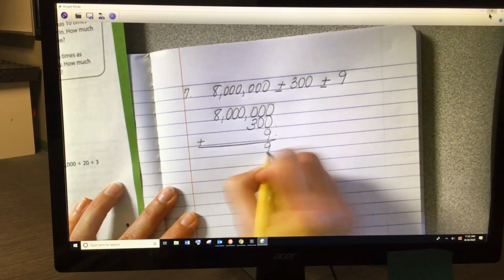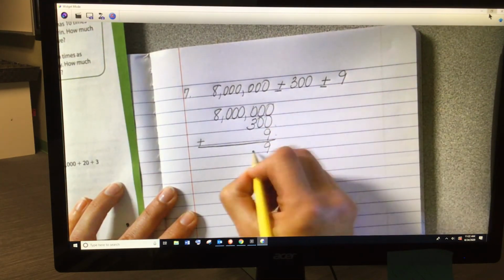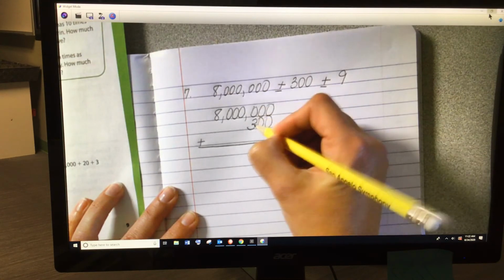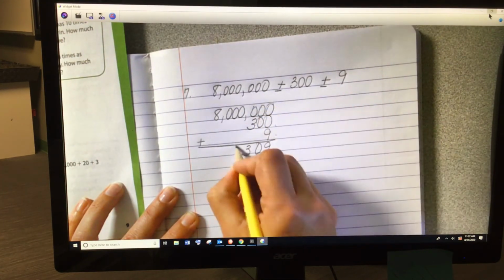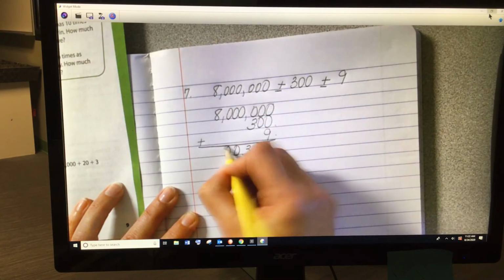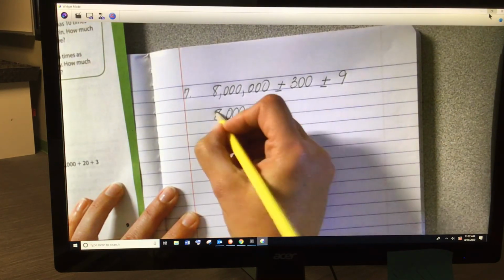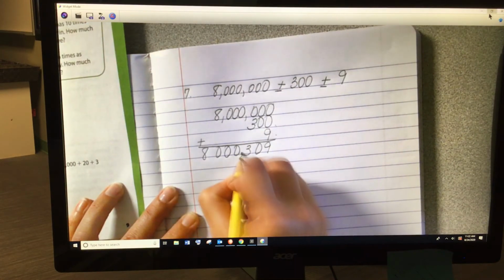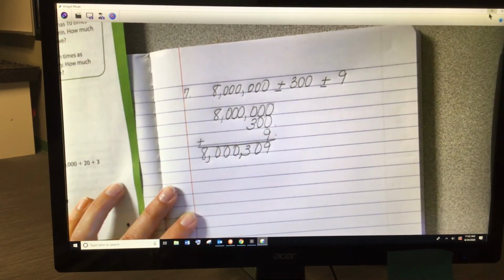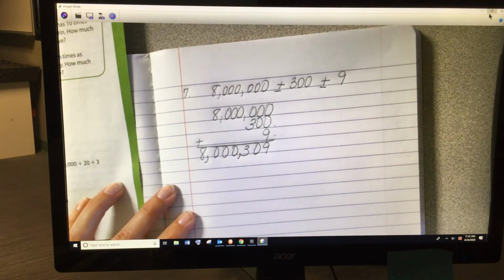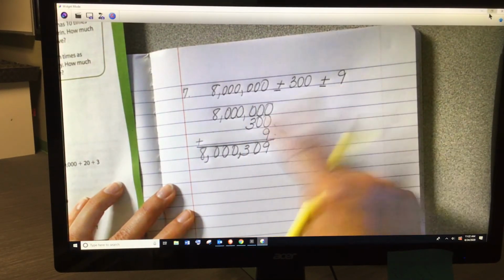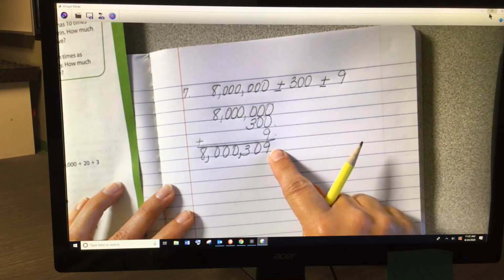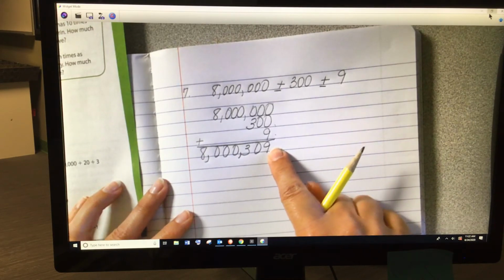Well, that's got to be 9. 0 plus 0, 0. 0 plus 3, 3. 0 plus nothing, 0 plus nothing. 0 plus nothing. 8 plus nothing. Now we need to put our commas. 8,309,000. So we took the number in expanded form, lined up our place values correctly, and all we had to do was add them together. Let's do the same thing for number 8.